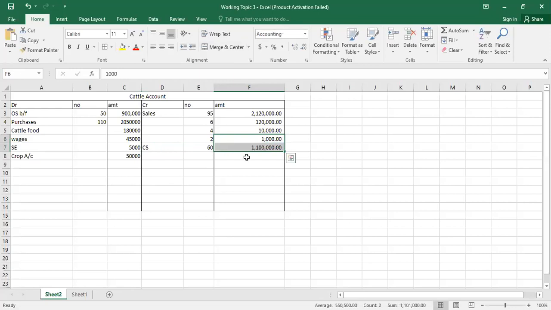So there we are. The difference will be our profit. If it is a credit difference, it will be a loss. If it is a debit difference, of course, it will go to the general P&L as a profit.